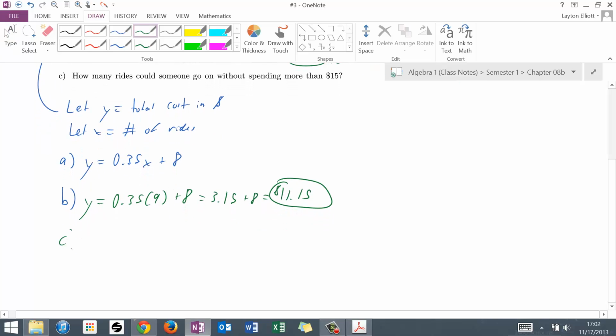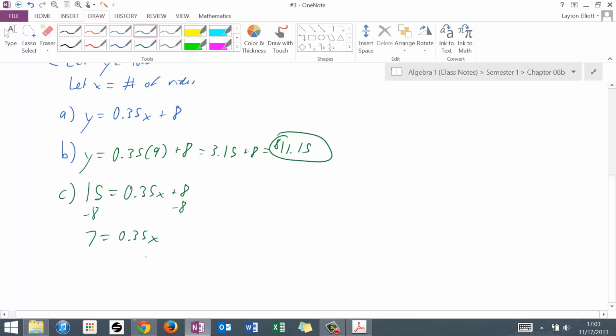How many rides could someone go on without spending more than $15? Well, $15 is a total amount, that's a y. So I'm going to say 15 is equal to 0.35x plus 8. Subtract 8 from both sides, and I get 7 is equal to 0.35x. Now, I could use a calculator and divide 7 by 0.35, or I could say 7 is equal to 35/100ths x, which reduces to 7/20ths x.